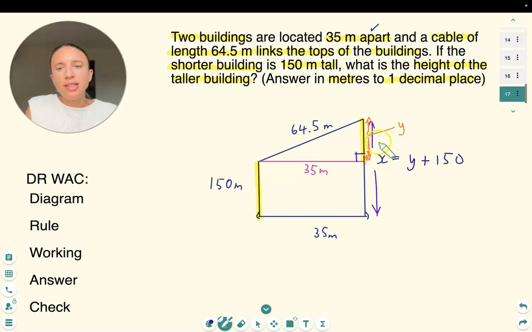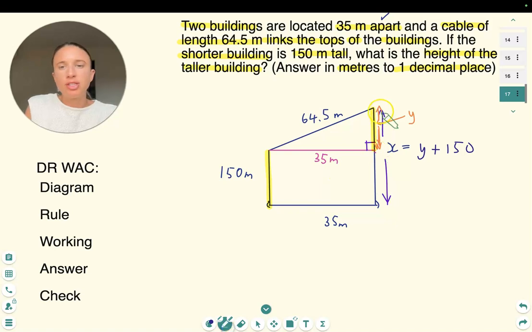So how can I find that y? Well, I can draw a little right angle triangle off to the side of this diagram. Zoom in on it. We've got 64.5, we've got 35, and we don't know, we're calling it y.